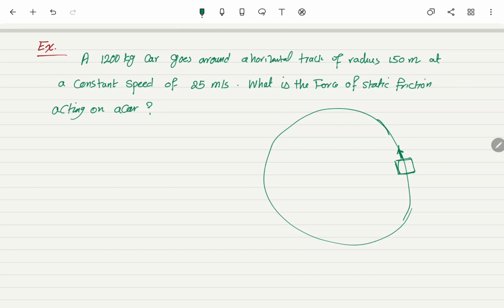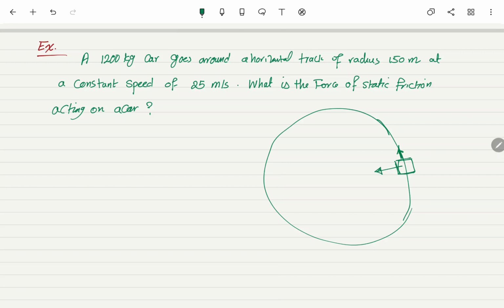The other one that we are interested in is the static friction. In order to keep the car from moving in or out of the circular path and keep the radius of the circular path exactly 150 meters, it is the static friction, and that's what we are looking for.